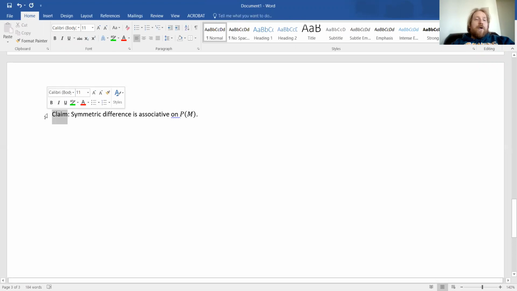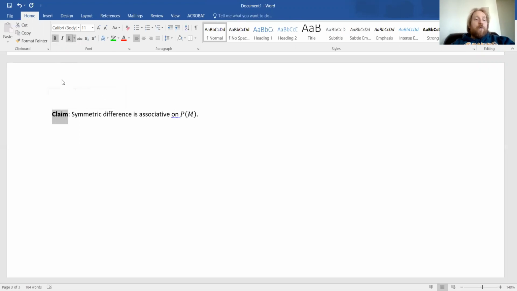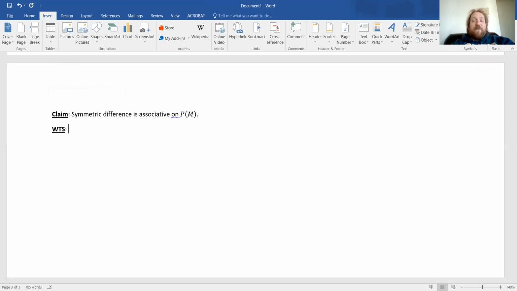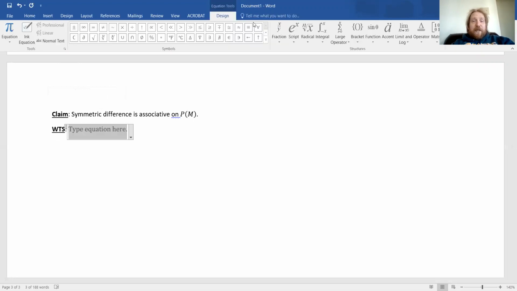Now, let's first figure out what we want to show here. We are applying the general definition of the associative property to the set P of M. Elements in P of M are sets, so they should be capitalized.